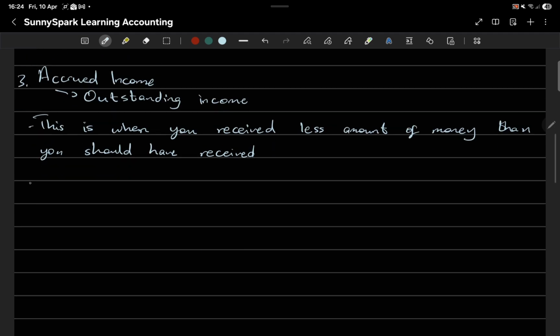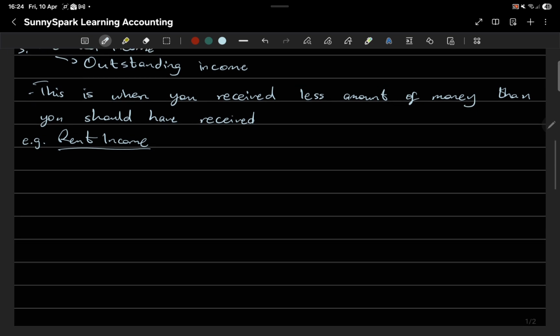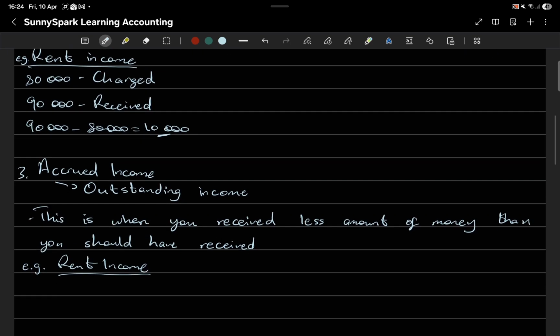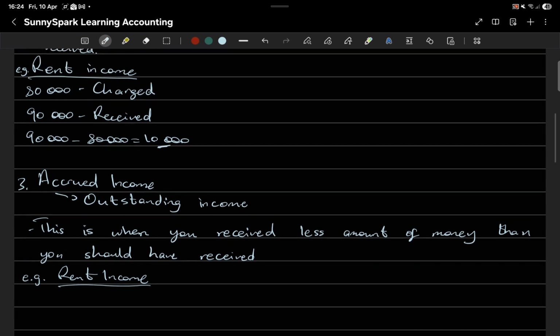I'll give an example of the rent income again. Since this one says you received less than you should have received, it means, since we charged the tenant, the person who rents our space is called a tenant.